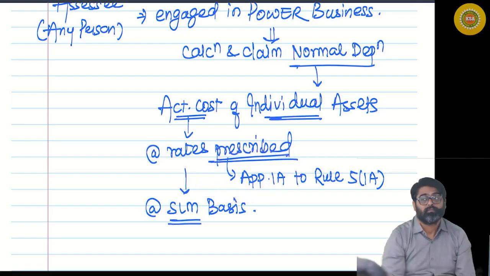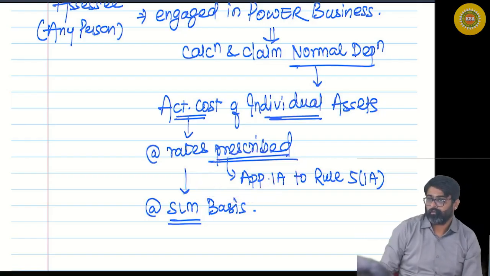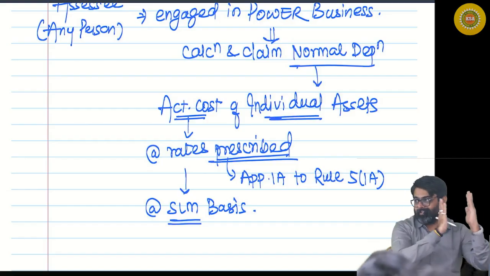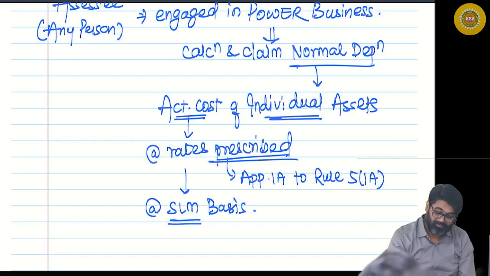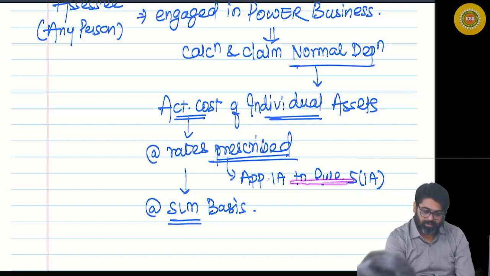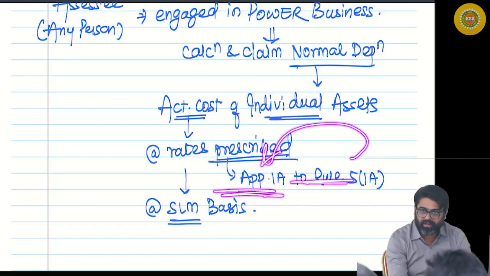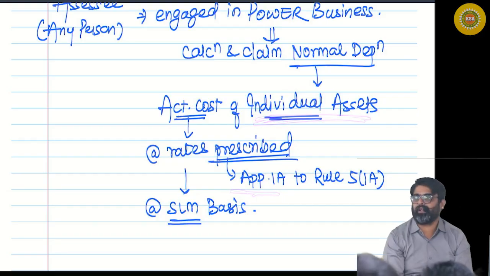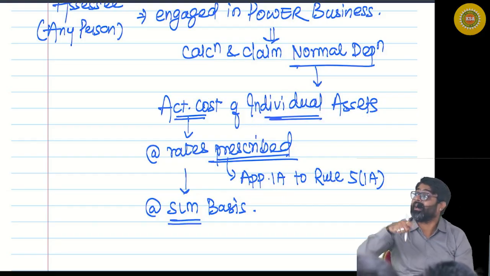Appendix means table. So there is a table given in Rule 5.1a. In that table, the names of the assets are also written, and against the name, the rate is also written.